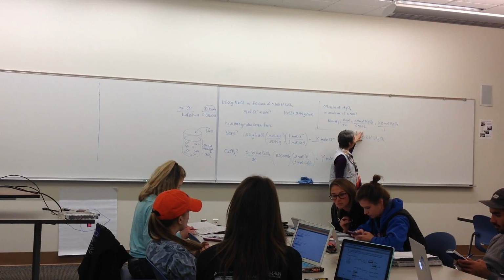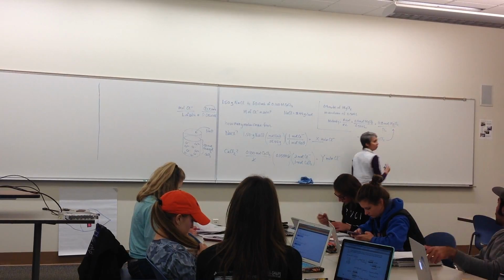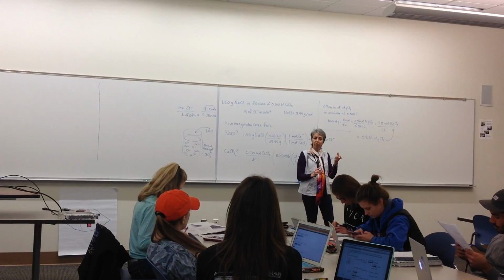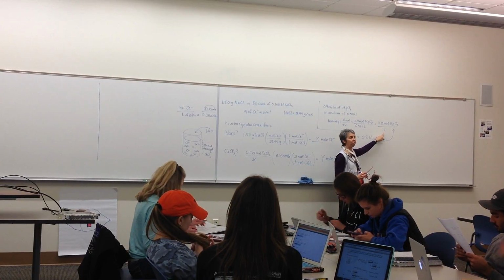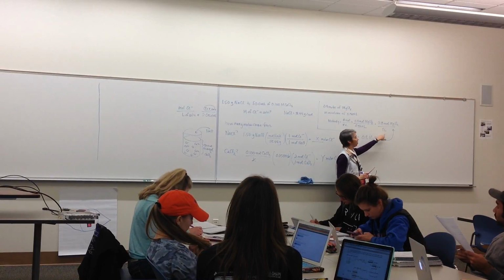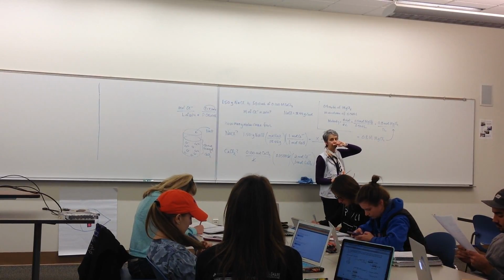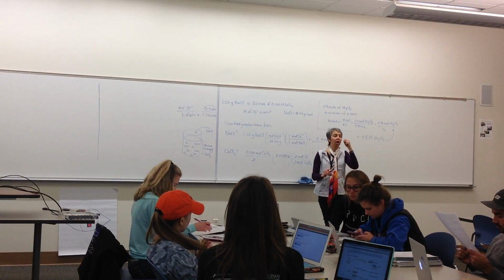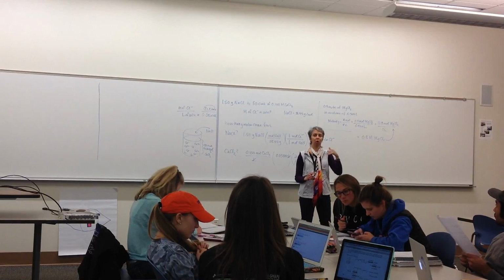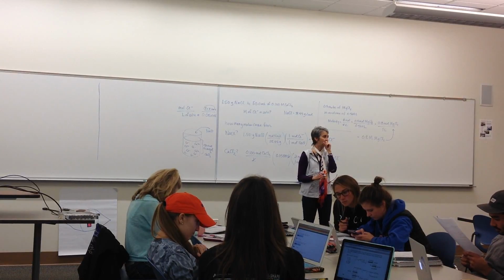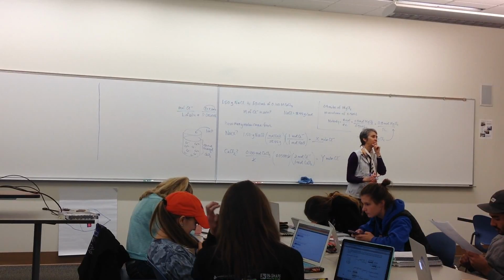So 0.8 molar means 0.8 moles for every 1 liter. If you're given molarity, I suggest you break it out so you can see the per 1 liter. Does that help at all, Luke? Yeah, that helps, thanks.